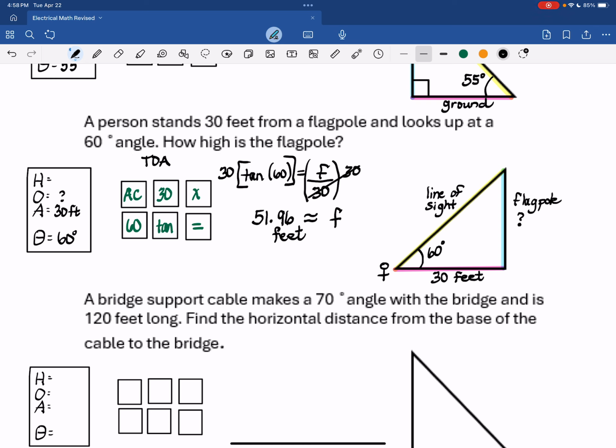And that's about right for a flagpole. Always ask yourself, is the answer reasonable? 51, 52 feet for a flagpole, that's reasonable. And I forgot to mark the O and the A for you, but that's what tells me that I want to do tangent. Hypotenuse is not a factor in this particular problem.